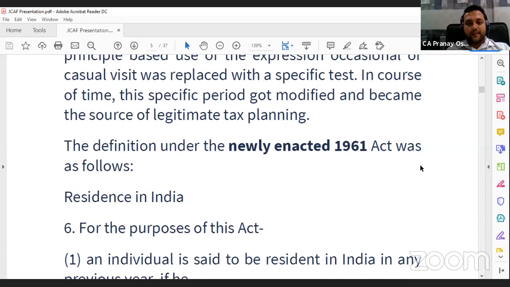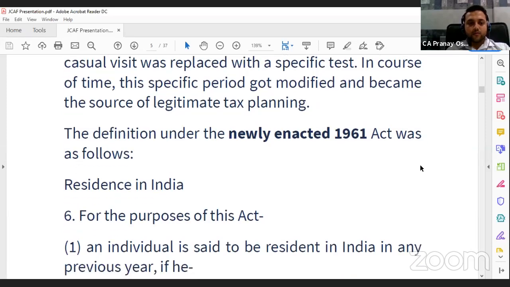The definition in the newly enacted 1961 Act was as follows.